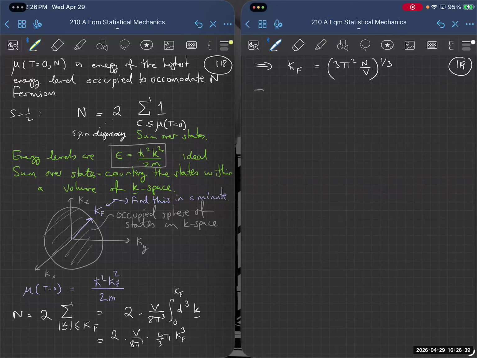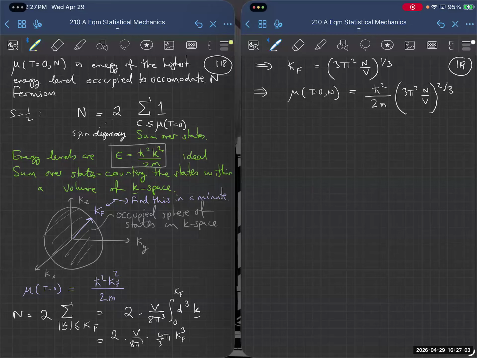And once I know k_F, then I know what the chemical potential is at zero temperature, and that is equal to h bar squared over 2m times k squared, which is k_F squared. So that's h bar squared over 2m times (3 pi squared n over V) raised to the power 2/3.